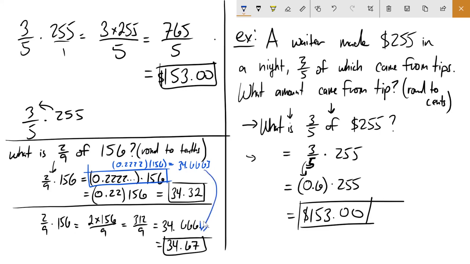That rounds correctly. So the point is you can do the fraction to decimal conversion. It's okay, that's fine. But you need to make sure to keep a whole bunch of place values until the end. Because the sooner you round and the more you round, the worse your answer is going to be.